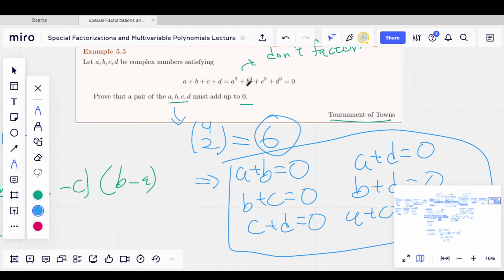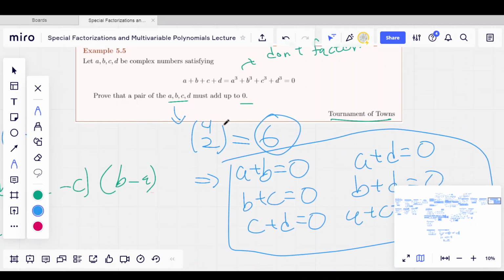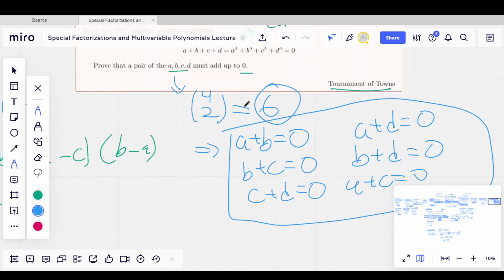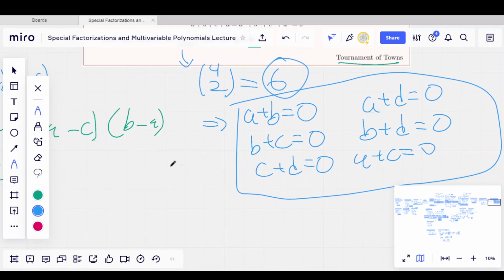Well, we're going to try a little bit of manipulation, then we're going to try to actually do some factoring work. So since these are equal to 0, we're going to move the B plus C plus D sum to the right-hand side.